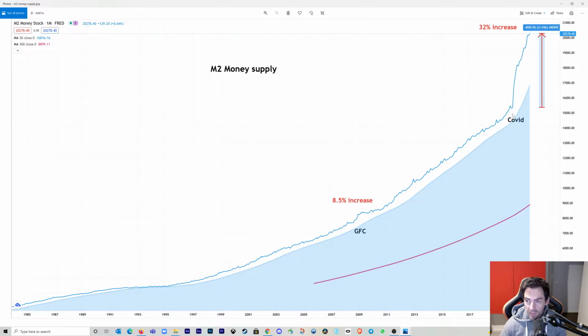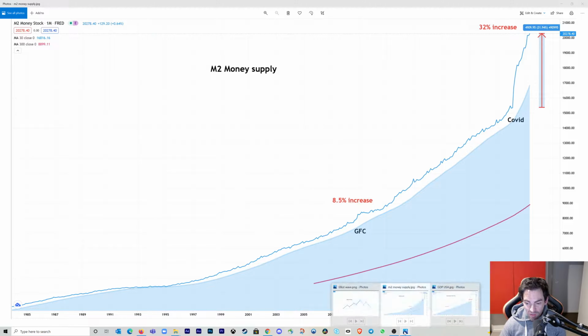And now, since COVID, we've had unprecedented levels of increase, and now the level has increased by 32%. That is a crazy amount of money to enter the system in such a short period of time. And you can see that all through this last almost 40 years or so, it's been a fairly steady increase. So this is parabolic.